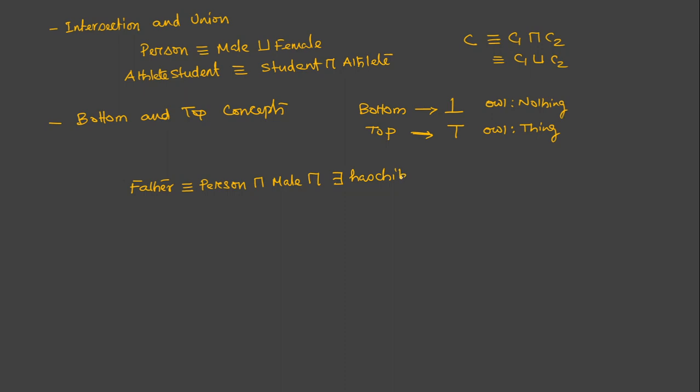So has child thing. So it can be anything. We really are not bothered about what it is. It can be a female, it can be a male, it can be anything. But we are just satisfied to see that this person or entity has got at least one child, right? Then we define that to be a father.